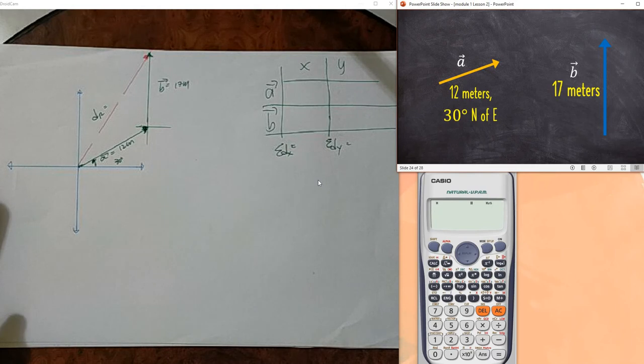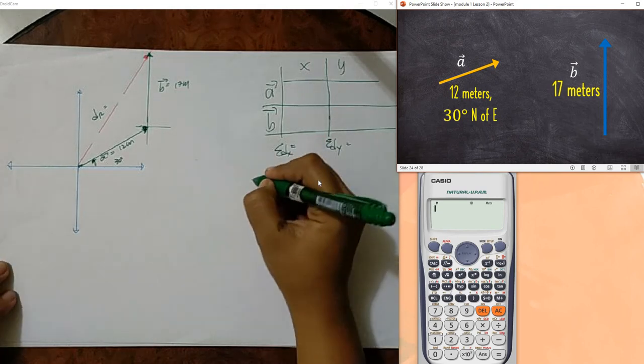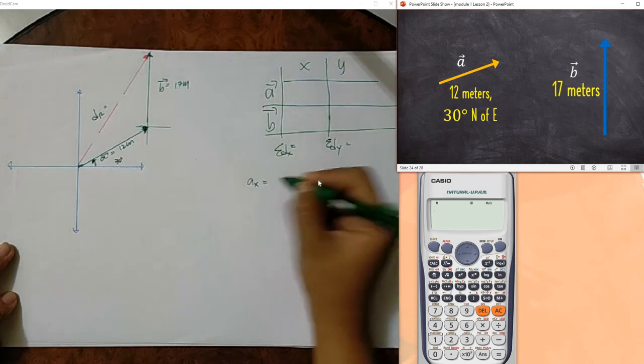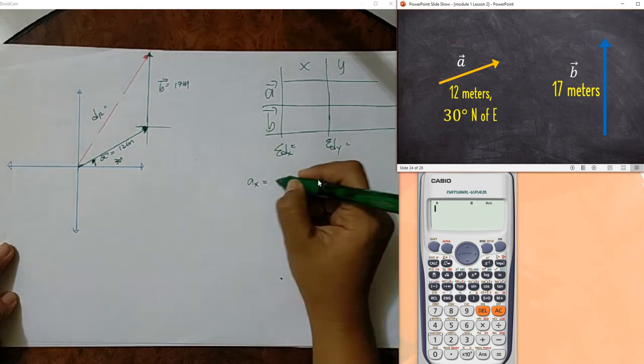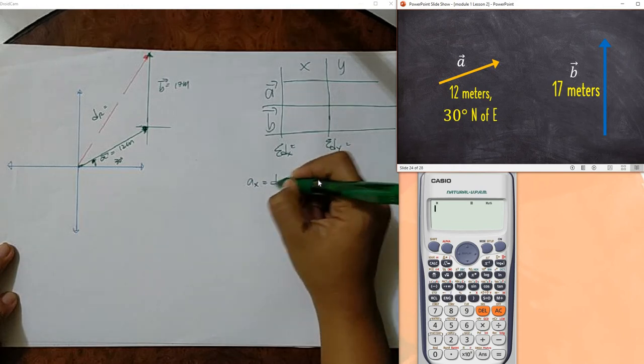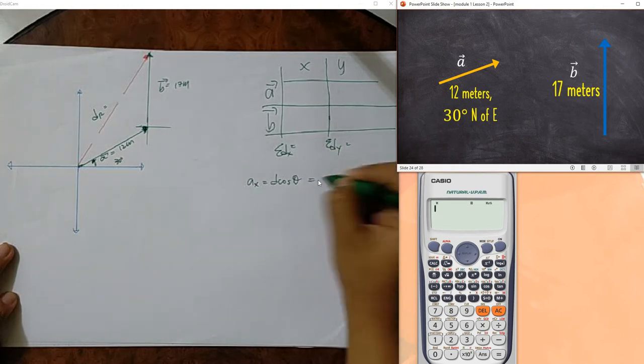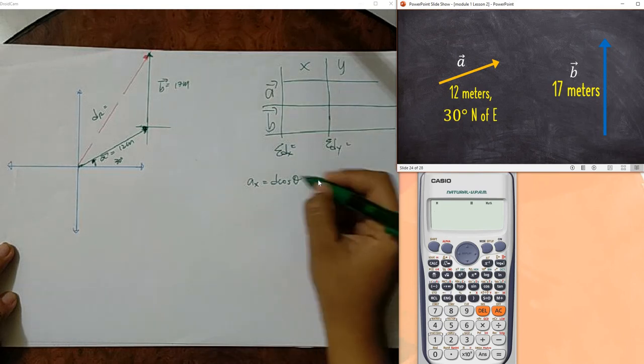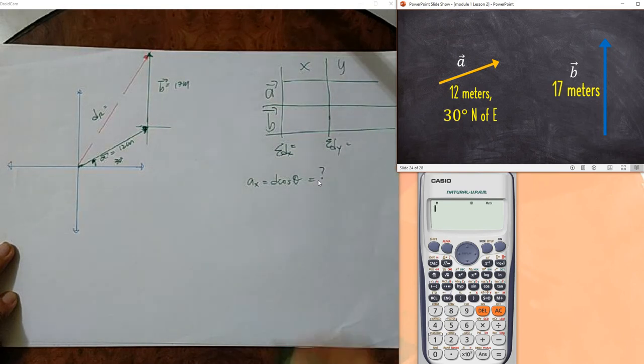So in getting the x component, we will be using d cosine theta, and in looking for the y component, we'll be using d sine theta. So let us go first with the vector A. So A sub x, we have d cosine theta is equal to question mark muna.